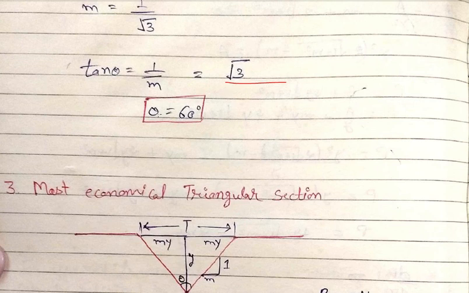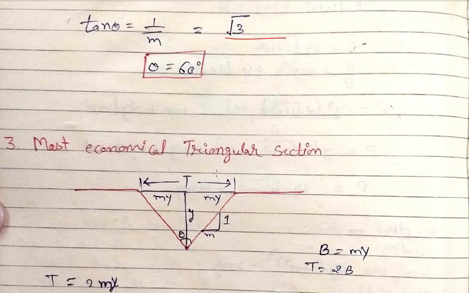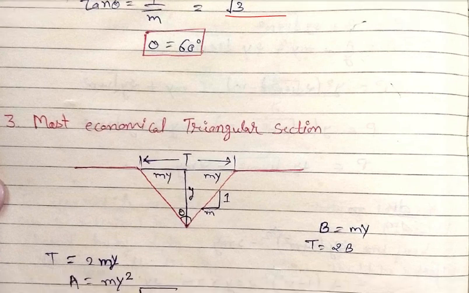Now next one is the most efficient, most economical triangular section, with varying side slope 1 ratio m here. So here the variables are depth of flow and varying side slope.